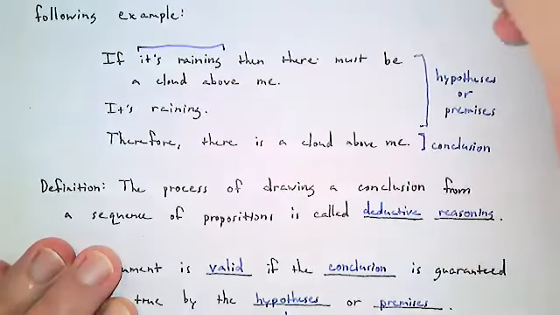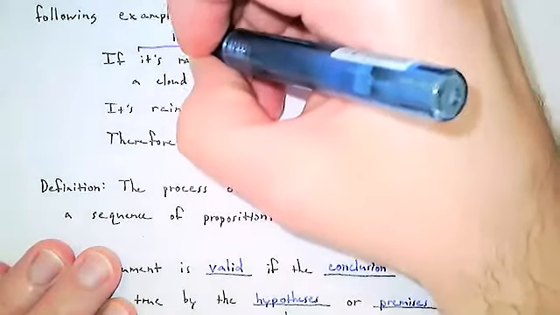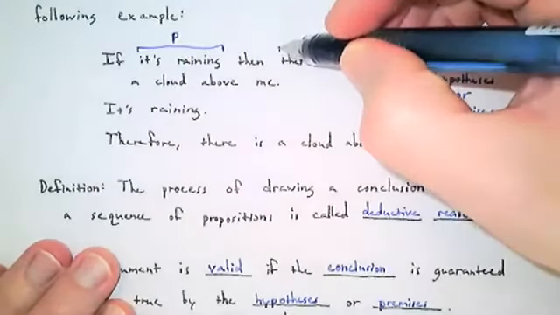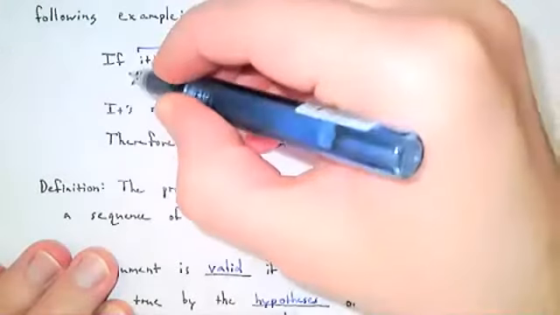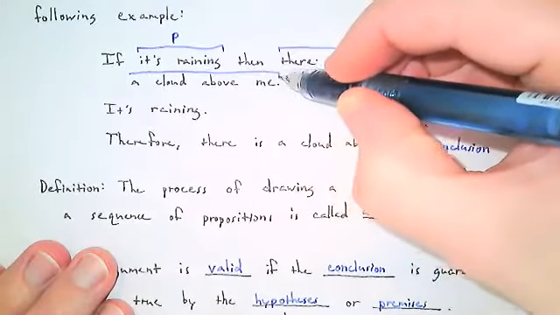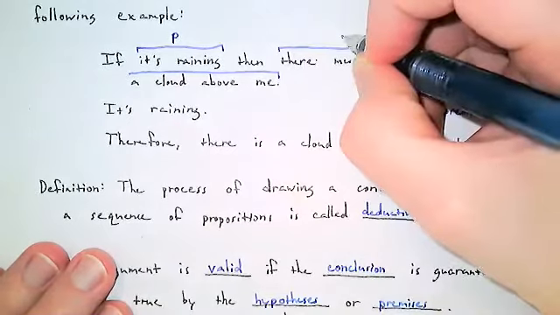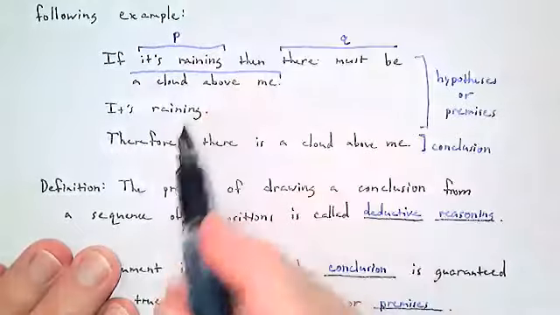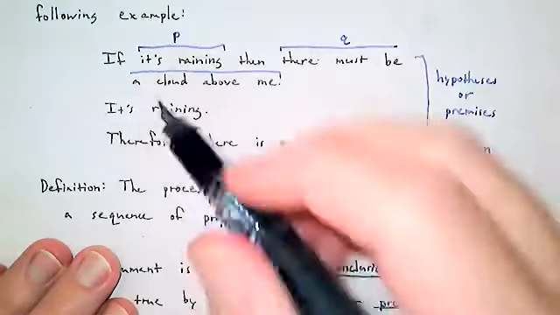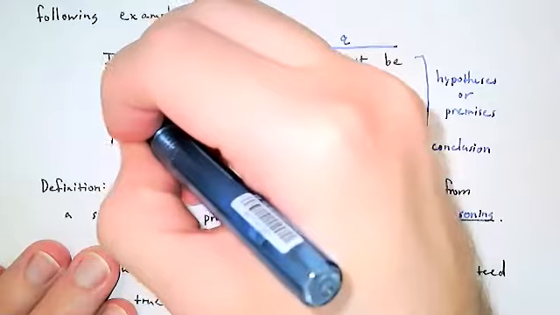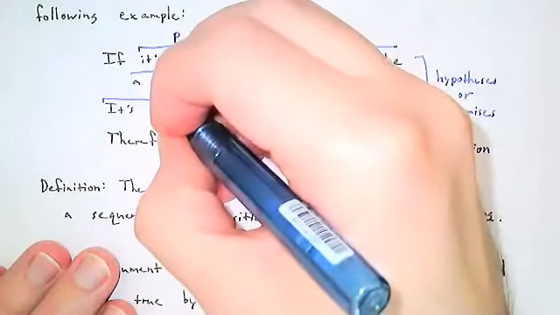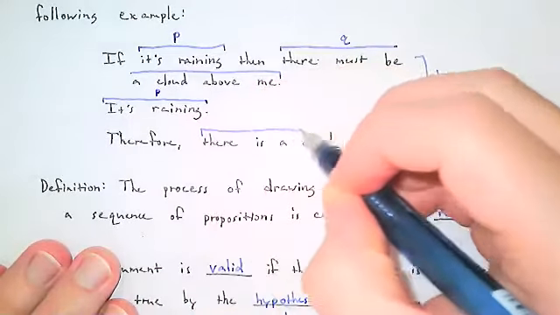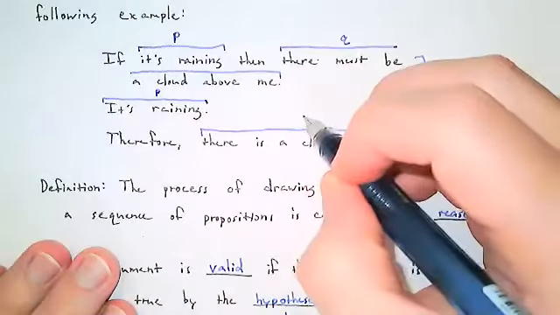This first one, it's raining, I'm going to label P. And then there must be a cloud above me, we're going to label this one Q. And then we can see that we've just repeated P on the next line, and the conclusion is Q.